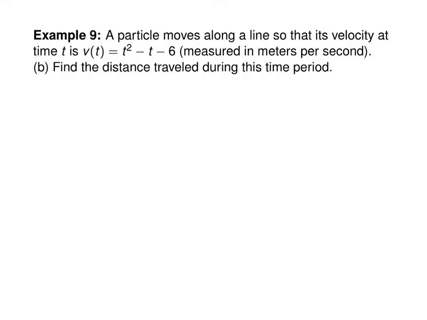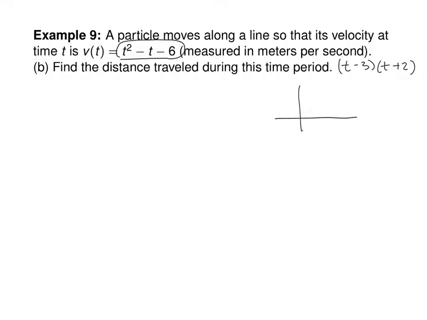Now, the way to find distance traveled is you've got to account for those little changes. So remember, what does t squared minus t minus 6 look like if we were to graph it? That'd be a parabola, and it'd be t minus 3, t plus 2, right? A factored form.